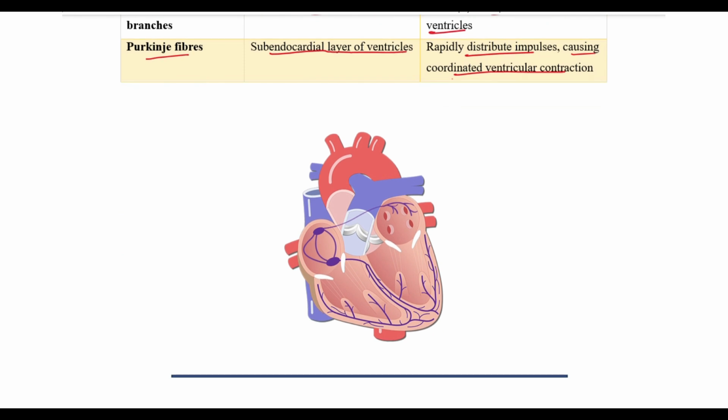Then you can draw a diagram. What you see here is your SA node. Then we have the internodal fibers, these 3. You can see the 3 internodal fibers. This is your AV node.